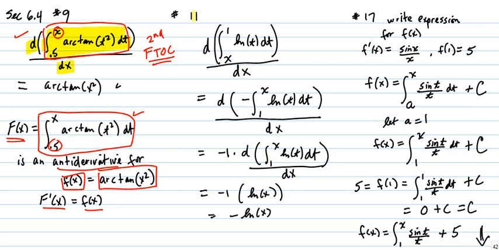Going on to number 11. It's the same kind of problem, except it has this extra wrinkle of going from x to 1. The construction says from a to x, not x to a. So we're going to turn the limits around, and when you do that, it just makes the delta t's go backwards from the other version.